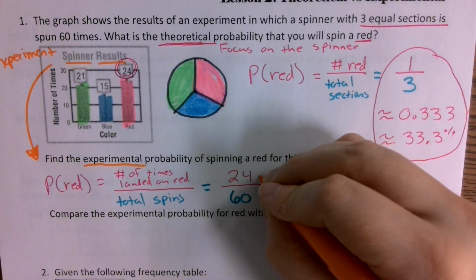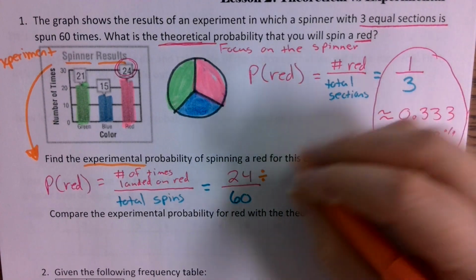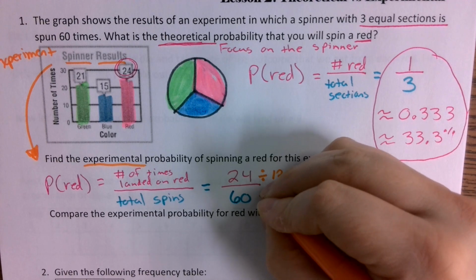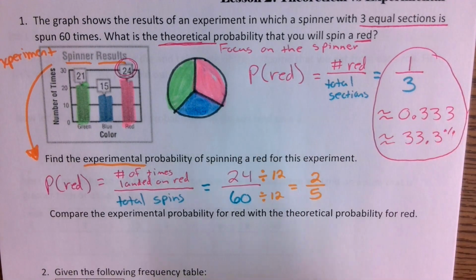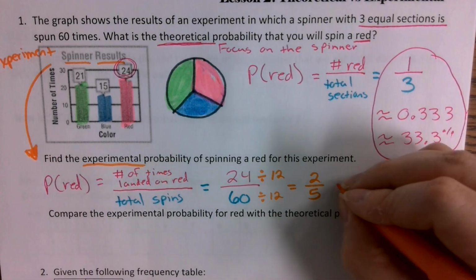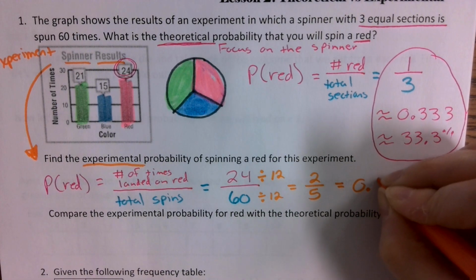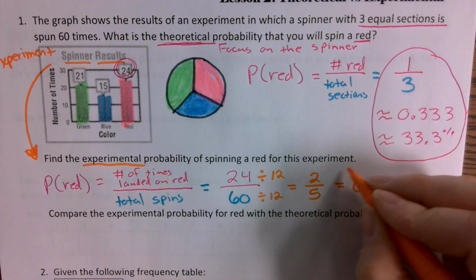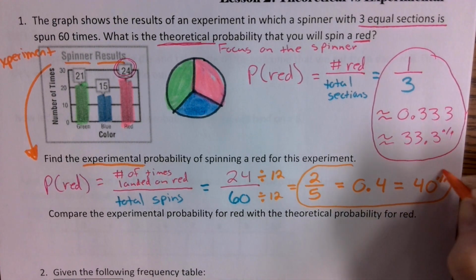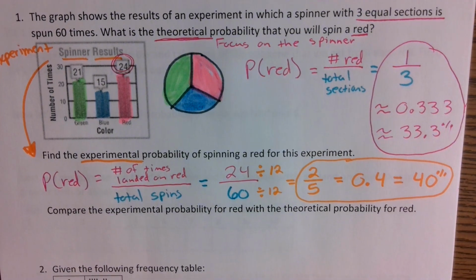Now, we could simplify this. They both happen to be divisible by 12. And that's going to simplify to 2/5. So we get 2 over 5, which is the same thing as 0.4, which is the same thing as 40%. So here's my probabilities for the experimental.